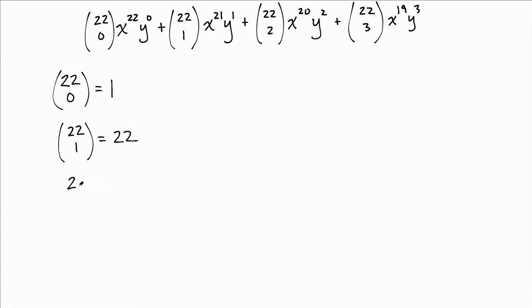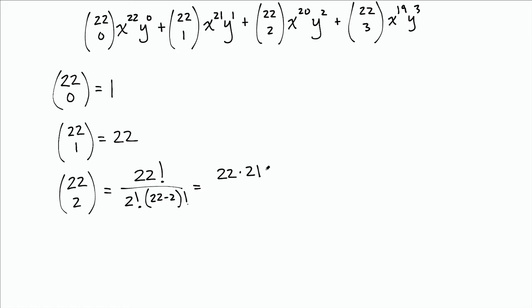So 22 choose 2. Our formula is we take that top one, factorial. So 22 factorial over 2 factorial, and then 22 minus 2 factorial. So this is a 20 factorial down there. So we start by taking that larger number on top and expanding. So 22 times 21 times 20 factorial, and that matches what's going to be in the denominator.